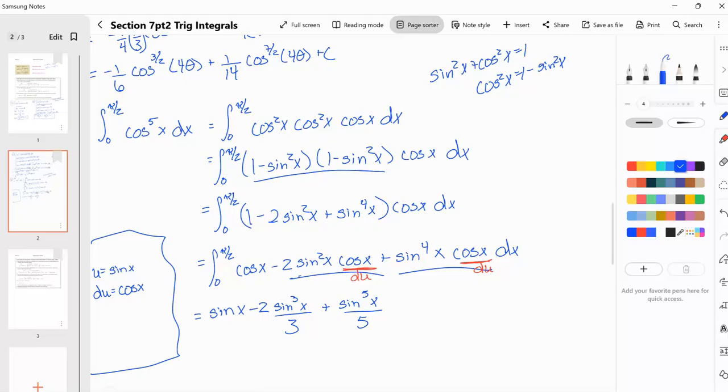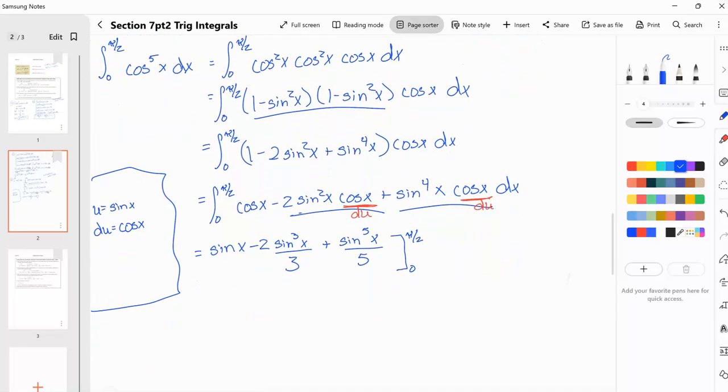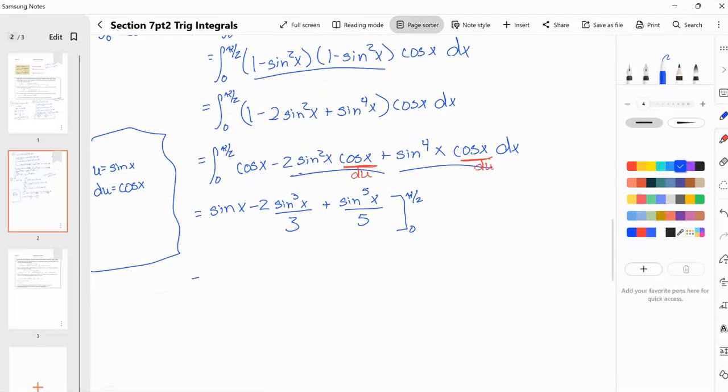So there's my antiderivative, but we want a definite integral here. So we're going from 0 to pi over 2. So we're going to use that fundamental theorem of calculus. So it's going to be sine of pi over 2 minus 2/3 sine of pi over 2 cubed plus 1/5 sine of pi over 2 to the 5th minus, and then we're going to plug 0 in.